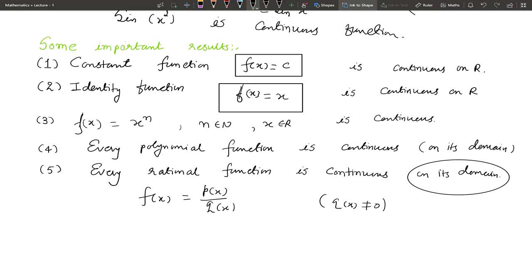For example, we take tan x. So tan x equal to sin x upon cos x. Sin is continuous on R, cos is continuous on R. Now to define this rational function, the denominator should not be 0. So tan is continuous.